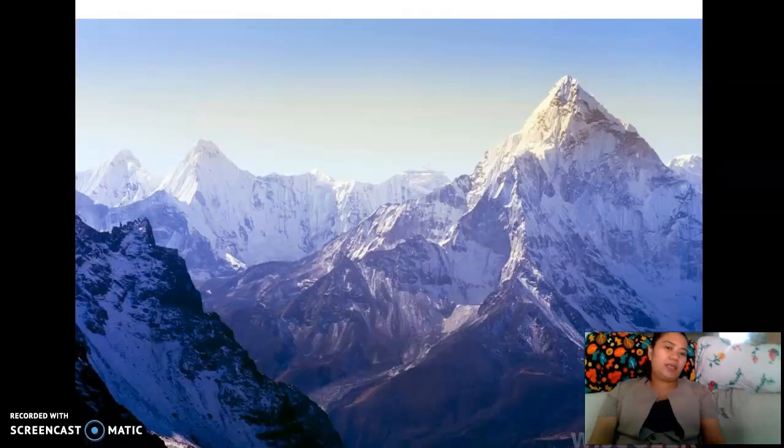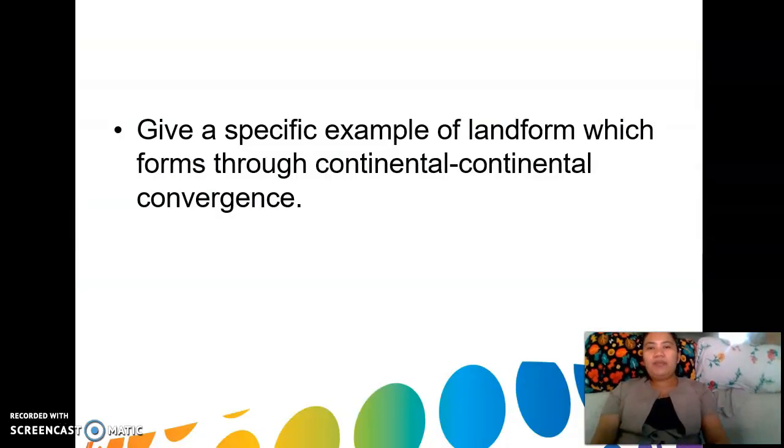So this one is a picture of the Himalayas. This is the highest mountain range in the world, for it contains the world's tallest mountain, Everest. Give a specific example of a landform formed through continental to continental convergence. Again, that is the Himalayas.